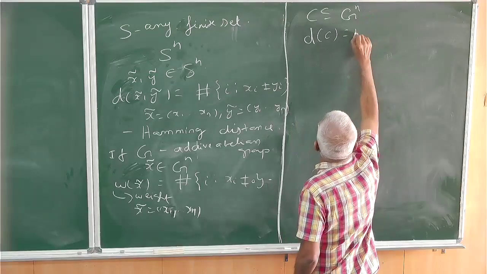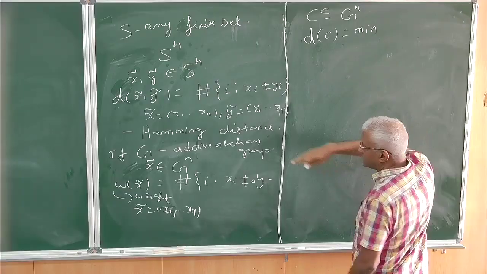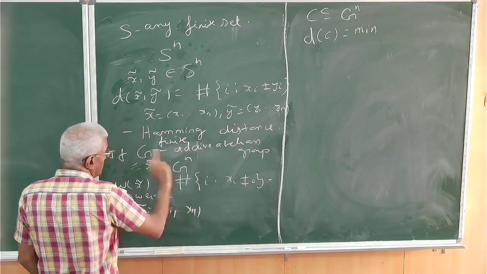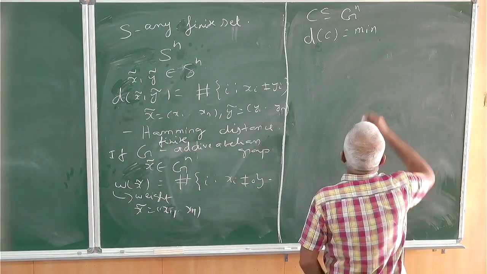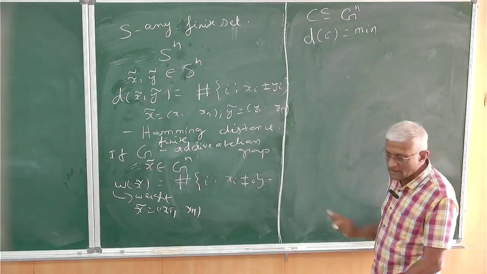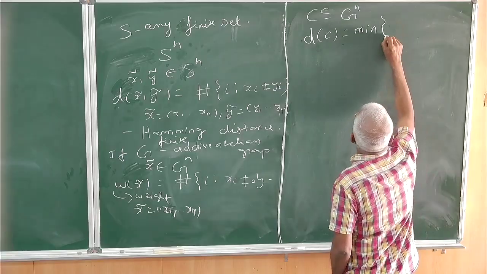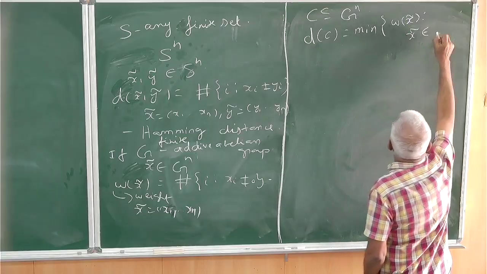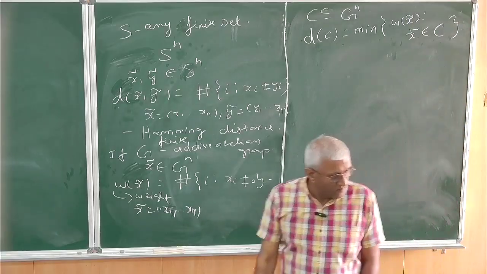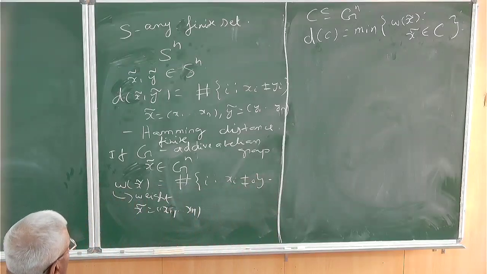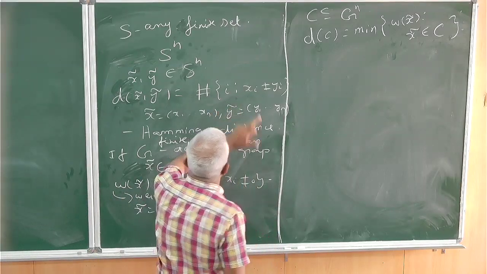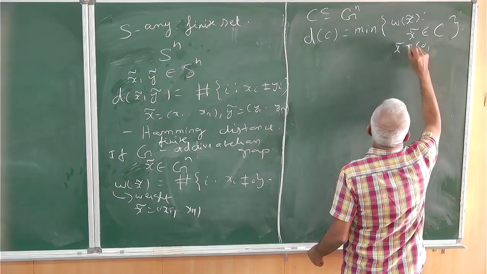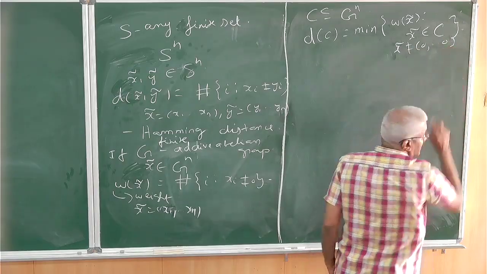This is a finite abelian group, so there is no need to take an infimum, it's all finite. d(C) is the minimum of w(x tilde) where x tilde is in C and x tilde is not equal to the identity.